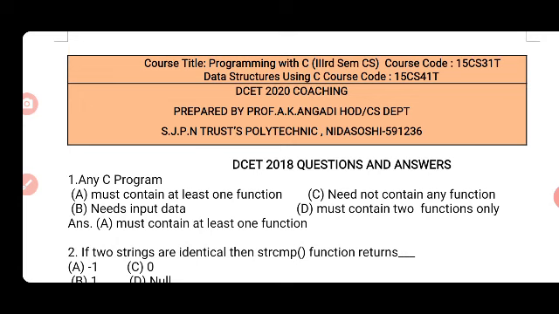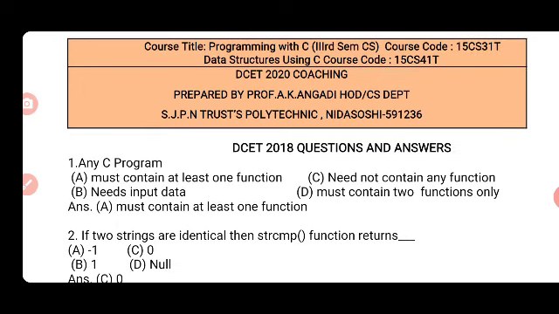With that main function only, the program can be executed. If you want, you can add a few more functions, but at minimum level a C program should consist of at least the main function. So according to this concept, option A, must contain at least one function, is the correct answer to this question.